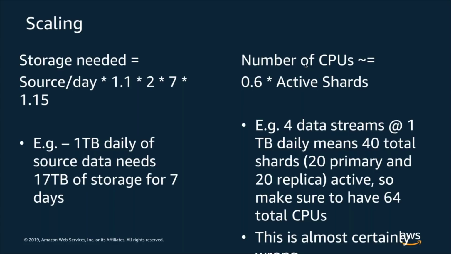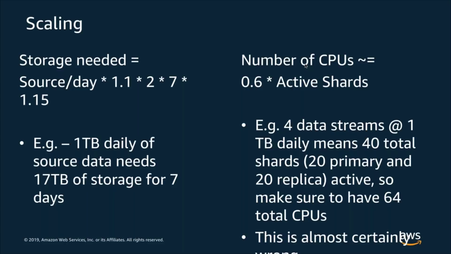So for instance, if I have 4 data streams, something like syslogs and weblogs and clickstream logs and one more, and they're generating a terabyte of source a day, and for each of those 4 indexes, I have 5 primary shards and 1 replica, or in other words, another 5 shards.